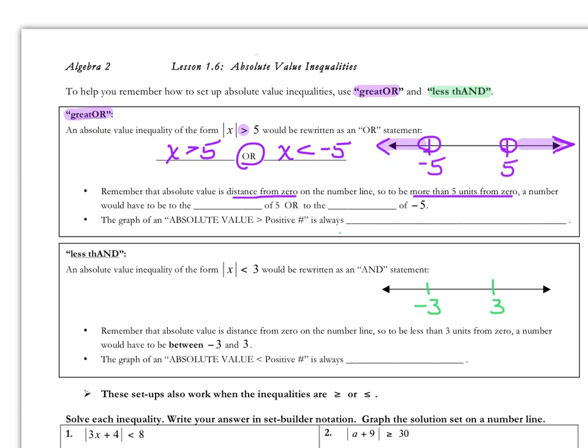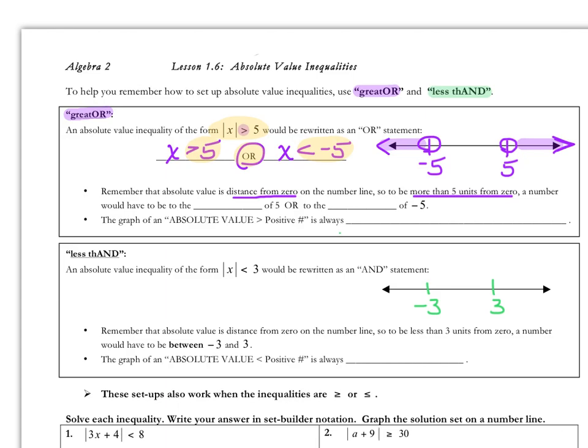They're saying that if you have the absolute value of x is bigger than 5, that can be rewritten as two inequalities with an or in the middle. One of them is the same symbol with the same number. The other one, the symbol flips and the number flips. So greater than the positive number or less than the negative number.